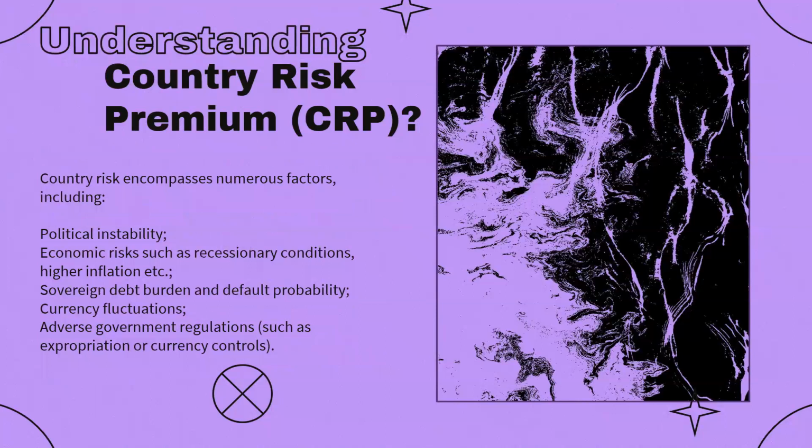So country risk encompasses numerous factors, including political instability, economic risks such as recessionary conditions, higher inflation. Ito yung madalas nating naririnig sa news ngayon. So I think we are at 7%. Para lang maintindihan pa natin how inflation really affects us, imagine tumataas yung presyo ng bilihin by 7% and yet your parents' salaries stay put.